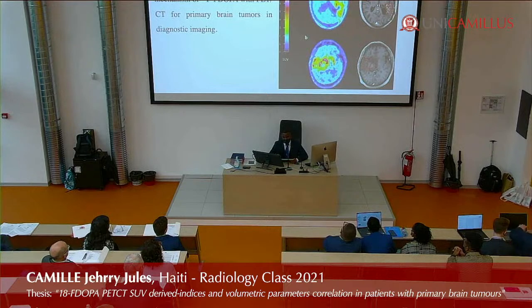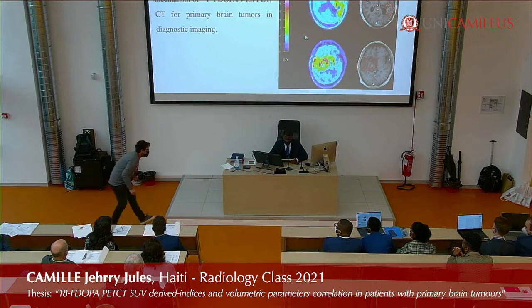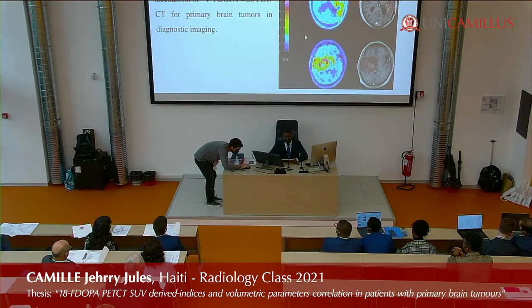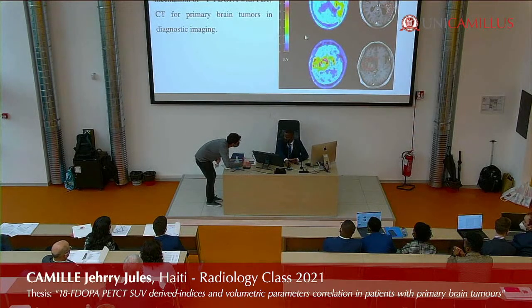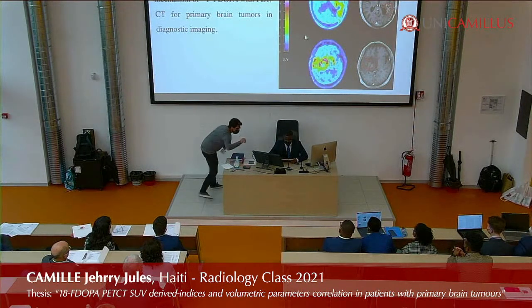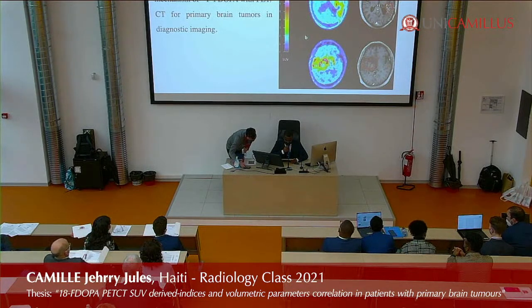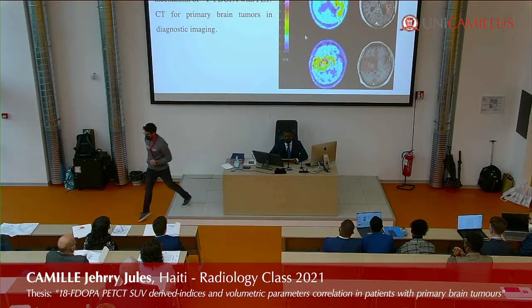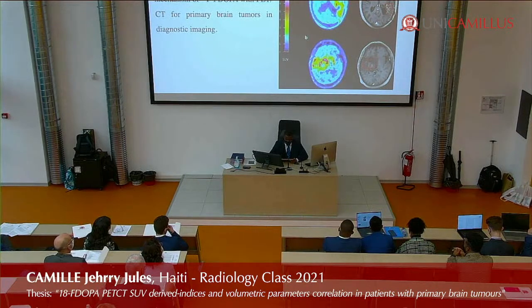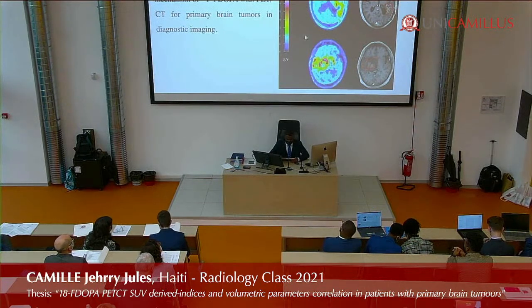About the mechanism, 18F-DOPA PET enters the cancer cells through the L-type amino acid transporter 1 and 2, and is decarboxylated, with the formation of 18F-dopamine transported in vesicles. The vesicle is the place of the biggest protein synthesis for prominent uptake of radiopharmaceutical.